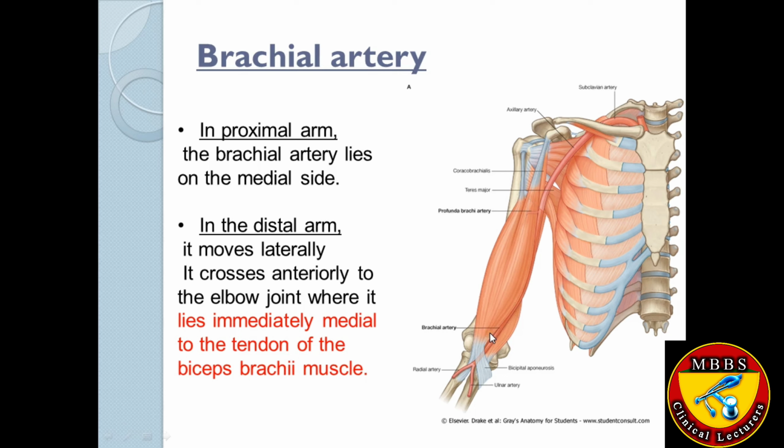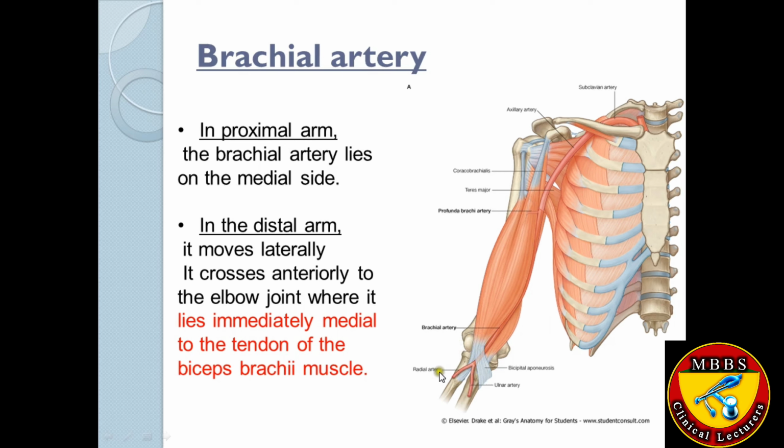It crosses anteriorly to the elbow joint, and the important landmark is it lies immediately medial to the tendon of biceps brachii muscle. So whenever we want to palpate the brachial artery, we will palpate it medial to the tendon of biceps brachii muscle. This is a very important landmark.